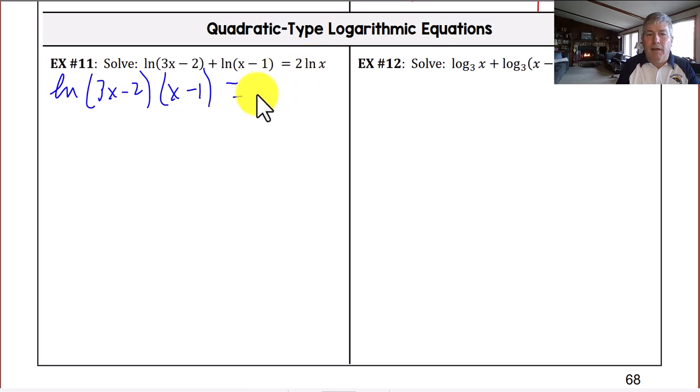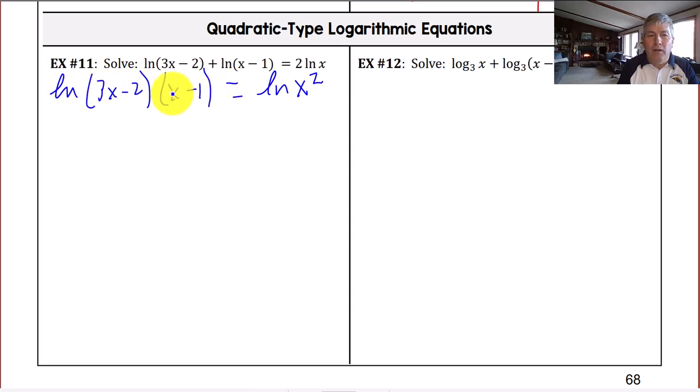Equals, and I'm going to apply my power rule here and take that 2 and move it up to make that the natural log of x squared. There we go. So now I know x squared is going to equal (3x minus 2) times (x minus 1). I've got the natural log on both sides. The answer on the left has to equal the answer on the right.